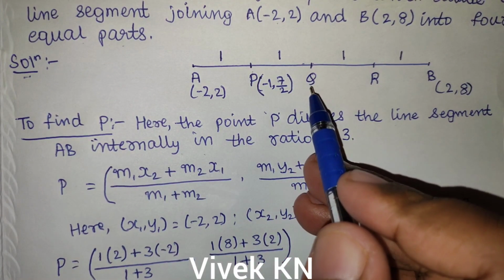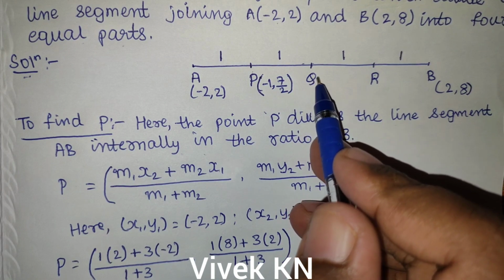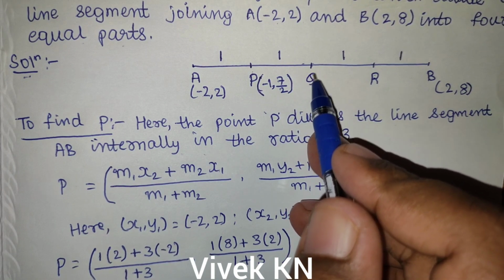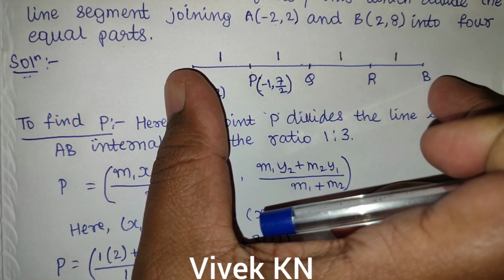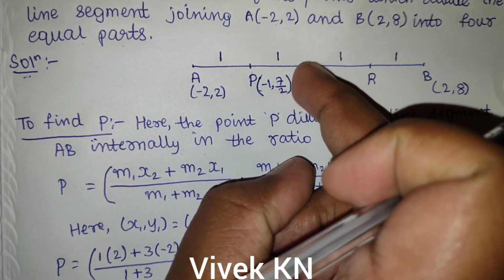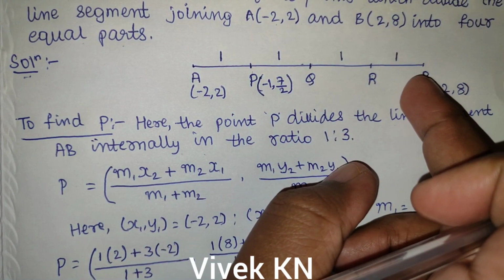Now let us calculate the coordinates of point Q. Here this point Q is the midpoint of the line segment AB. So to find out the coordinates of point Q, we have to use the midpoint formula. Okay.